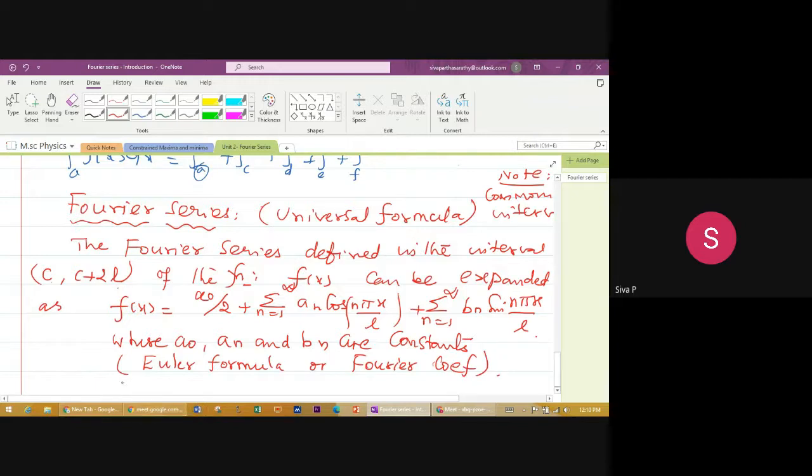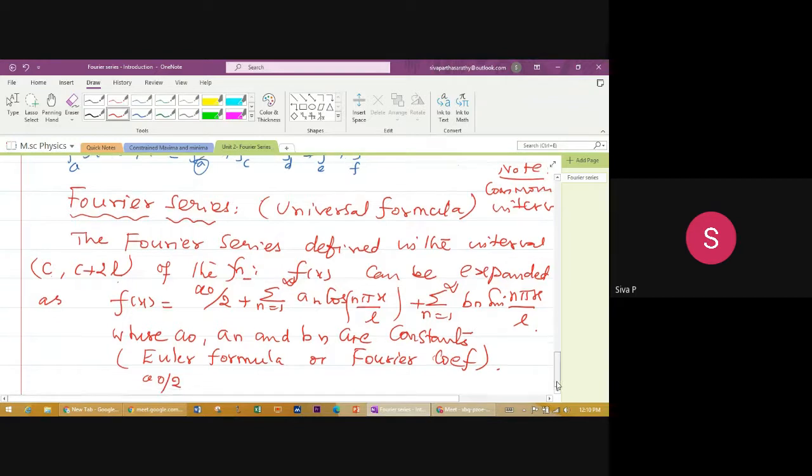Here a naught by 2, the first term, is called the constant term of the Fourier series.